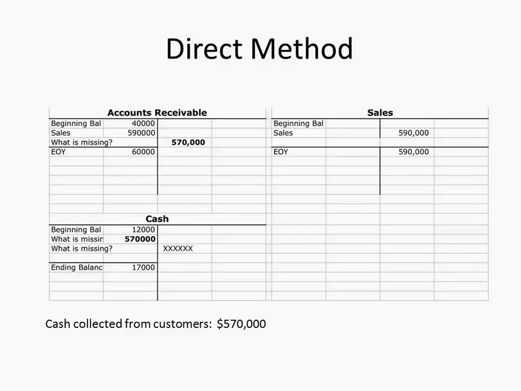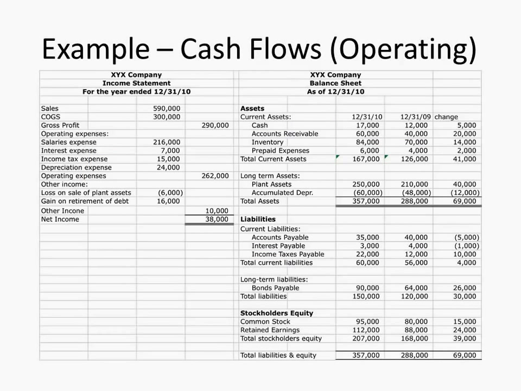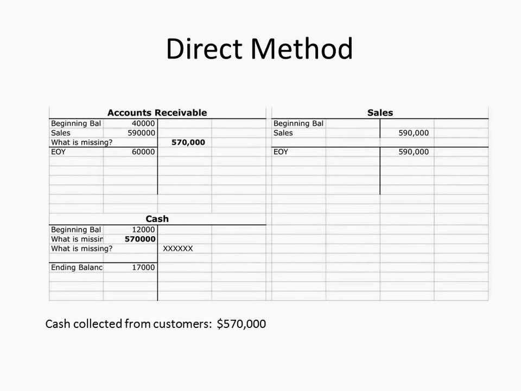Okay, I'm going to go over that again. This is how we come up with cash collected from customers. So you have sales of $590 for the period. Accounts receivable went up by $20,000 during the period. You see that? Let me do a very quick way of doing this, and then I'm going to go through the long process.